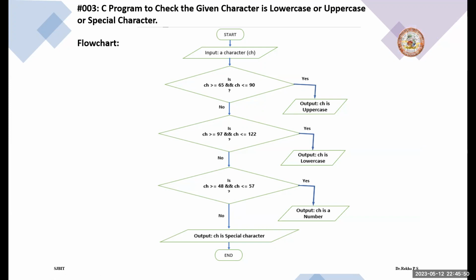If the condition is yes, then it will print it's a number. Otherwise, since all three conditions have been checked and the answer is no, ch should definitely be a special character. That is how the flow of the program goes. Let us see the code.